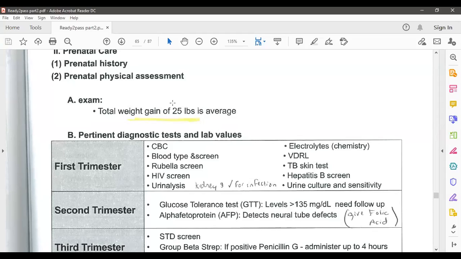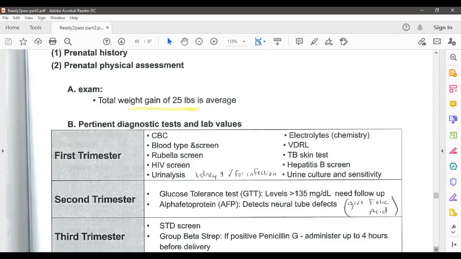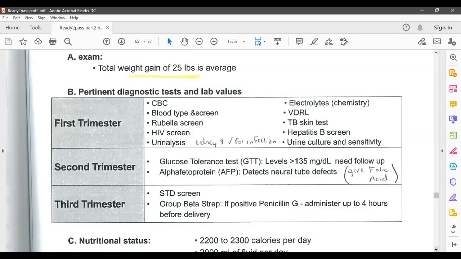And also you have to examine the mother thoroughly, system by system, and the fetus as well if it is more than 28 weeks. So during this test, we have to do some physical examination, some laboratory examination.